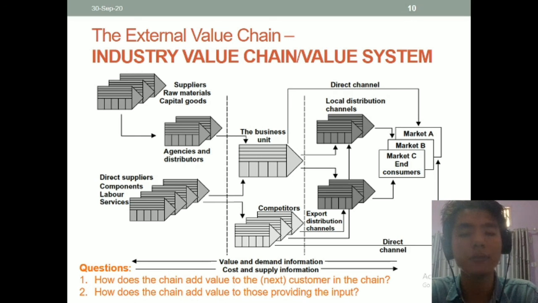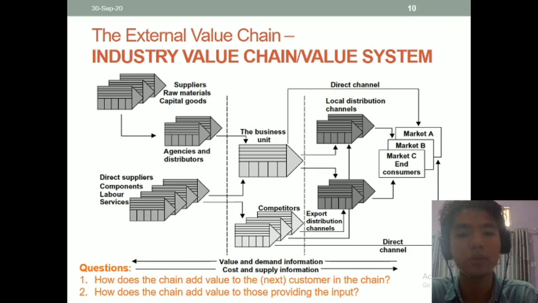Then after that, the business units go to local distribution channels and export distribution channels. Or if direct channel, they go immediately to the market.